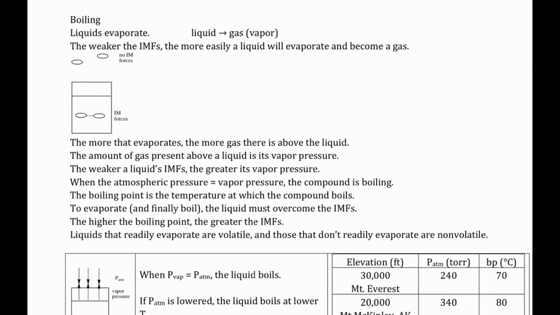So to evaporate and then finally boil, the liquid must overcome the IMFs. The higher the boiling point, the greater the IMFs, as we have been talking about in the examples above. Liquids that readily evaporate are called volatile liquids, and those that don't readily evaporate are non-volatile.